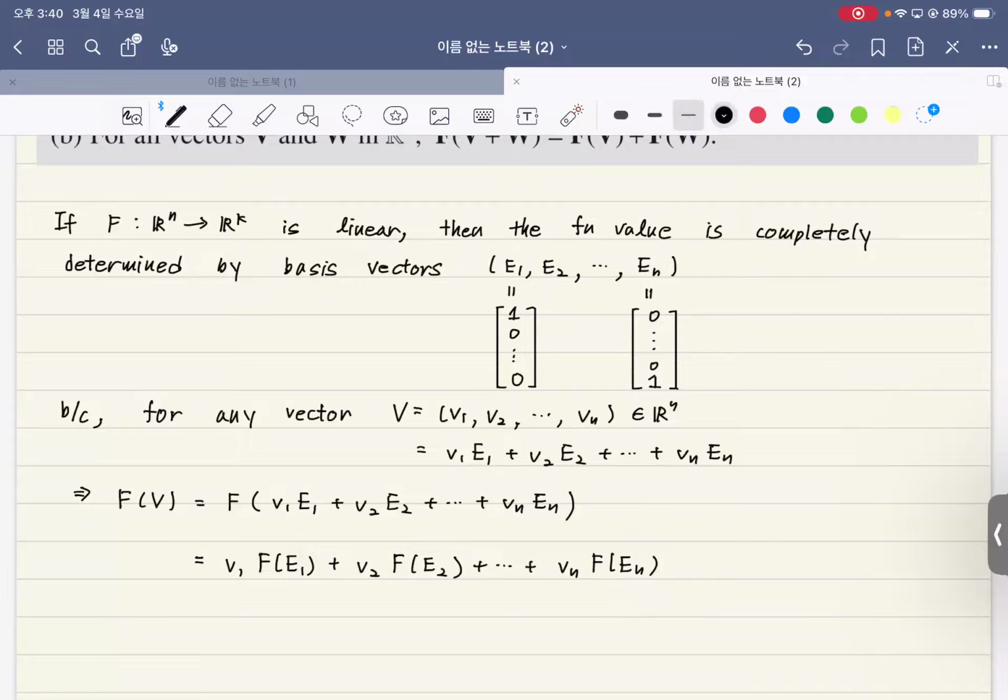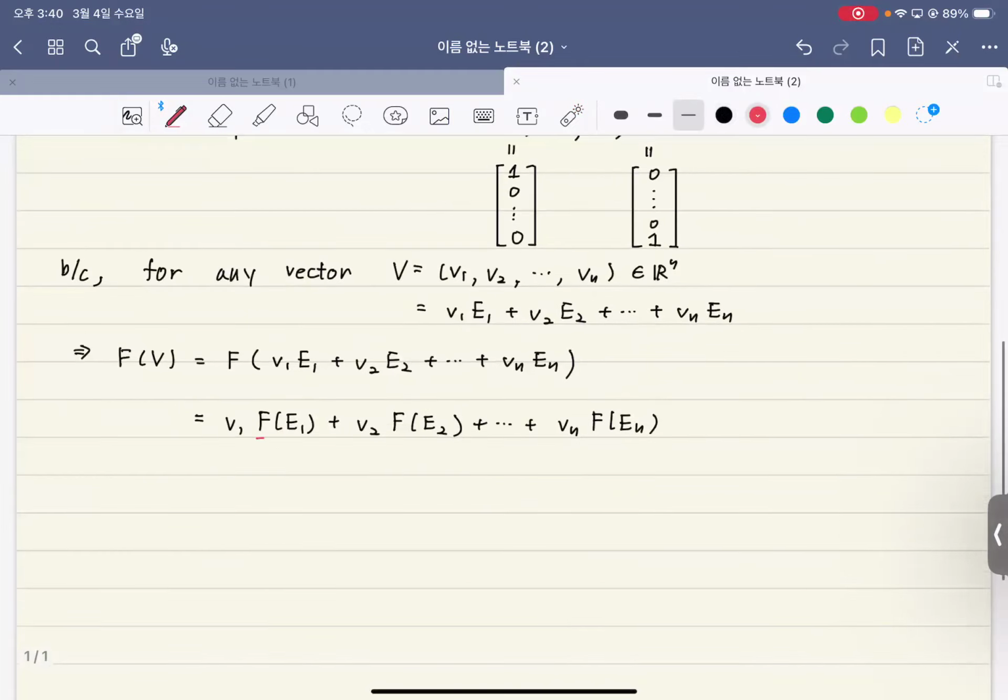We do not know the precise value of these vectors, but we can still give them names. I'm going to call this one M1, this one M2, and this one Mn.